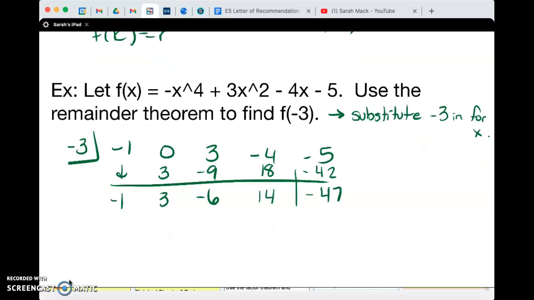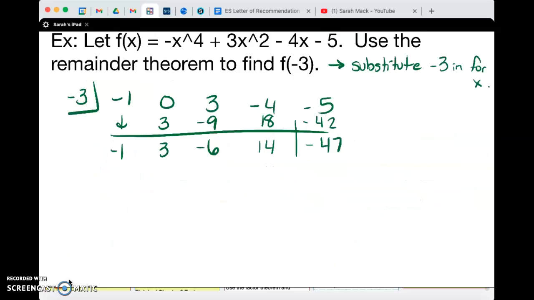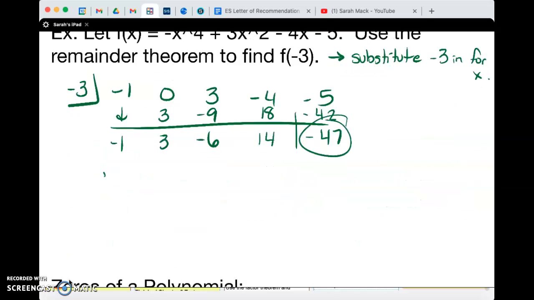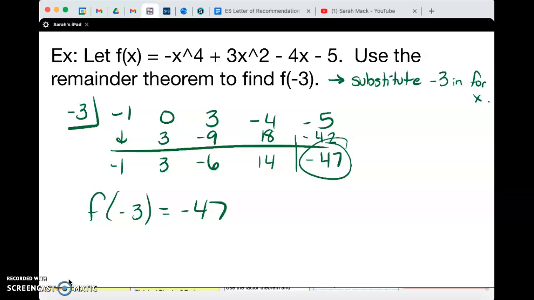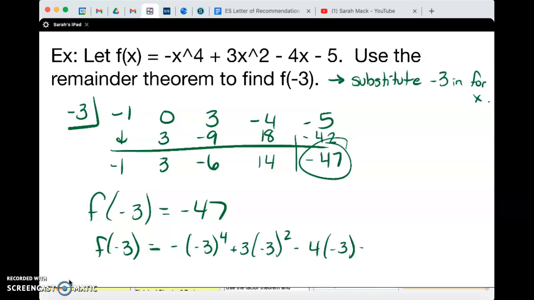Okay. So what this is saying, my remainder of negative 47 is the function value. So basically, if I plugged in negative 3, we would get out negative 47. And we're going to check just because now I'm curious if that's actually right. So plugging in negative 3, I have negative 3 to the fourth power, plus 3 times negative 3 to the second power, minus 4 times negative 3, minus 5.